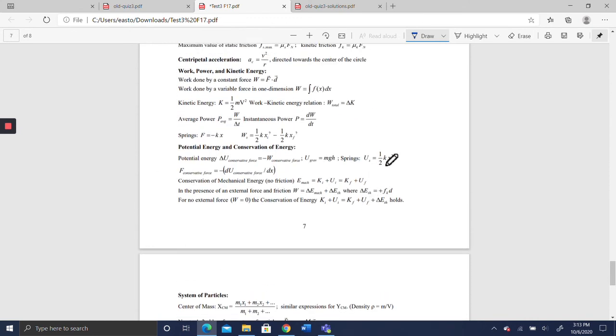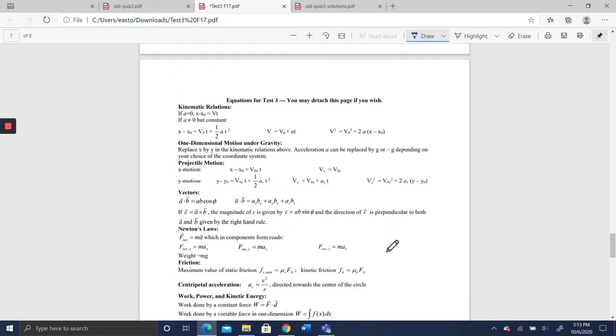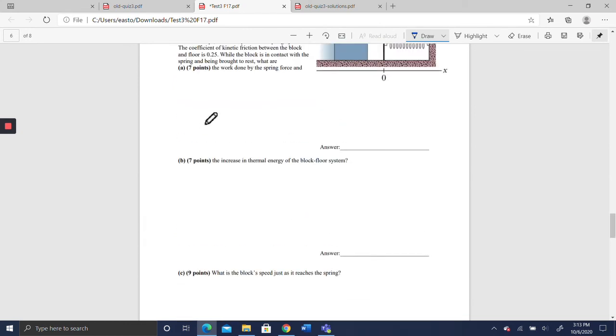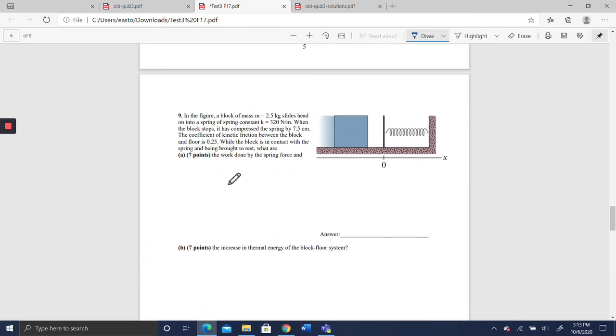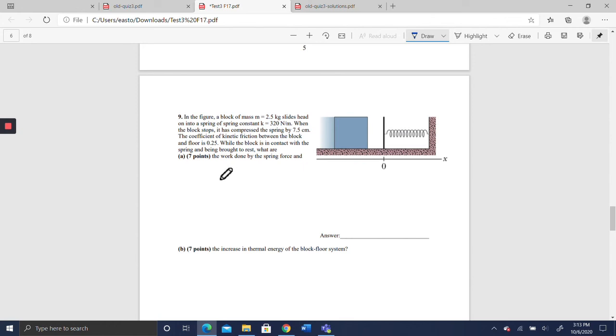Yep, it's right here. The work done by the spring is equal to 1/2 kx squared. If you ever don't feel like you know what to do, just go down to the equation sheet. That will likely give you at least an equation to use.